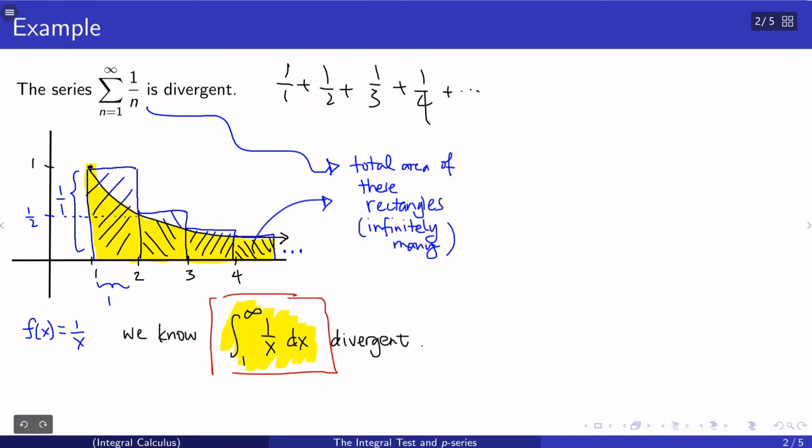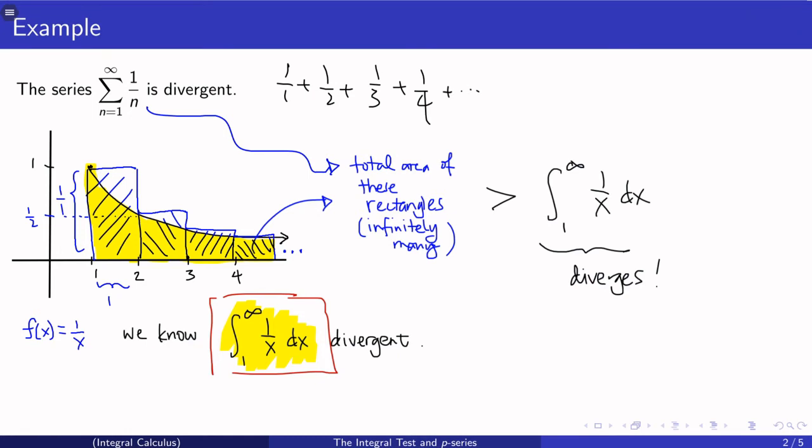What does that tell us? Well, it's a decreasing function throughout, and you're using left endpoints. So your left endpoint approximation is going to be an overestimate, right? For this example, we're just going to say the total area here is larger than whatever this improper integral is. But this improper integral, again, we know it diverges. Therefore, it doesn't have a finite value.